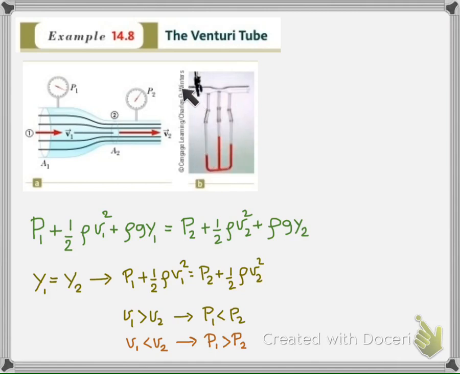So when you flow the fluid into this tube, you can see that since the flow comes from the tube with a larger diameter or larger cross-sectional area to the region with a smaller cross-sectional area, the velocity will change due to the continuity equation, A1 V1 is equal to A2 V2.